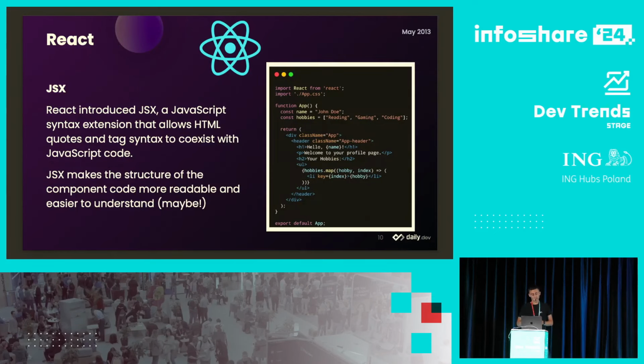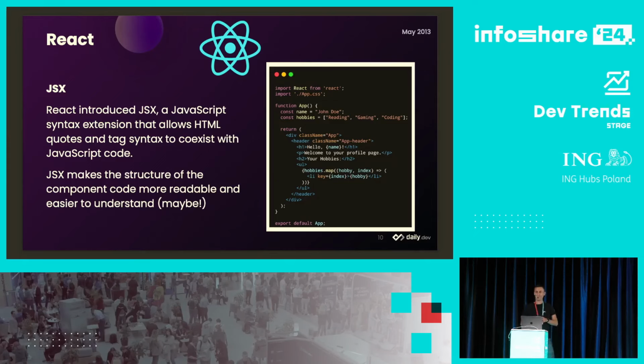Then, in 2013, React was introduced with JSX, which is basically a JavaScript syntax to allow HTML quotes and tags in the JavaScript code. Someone might claim that it's similar to PHP. And JSX makes components that are structured to be easier to read, or not. Let's say it depends.